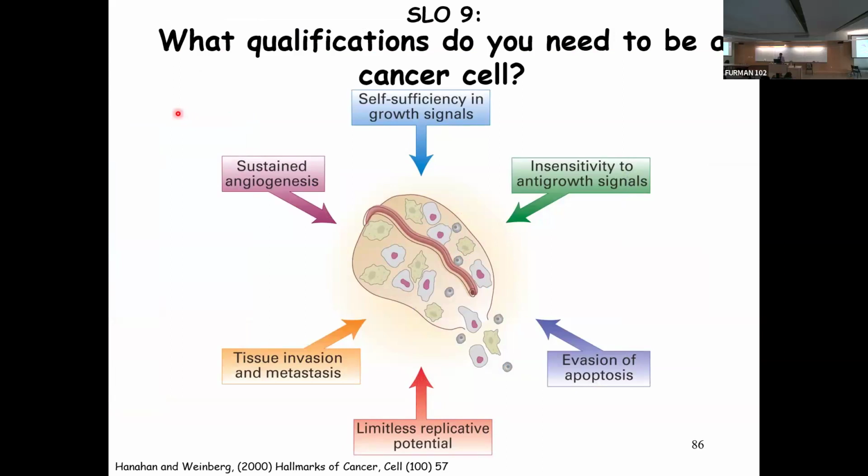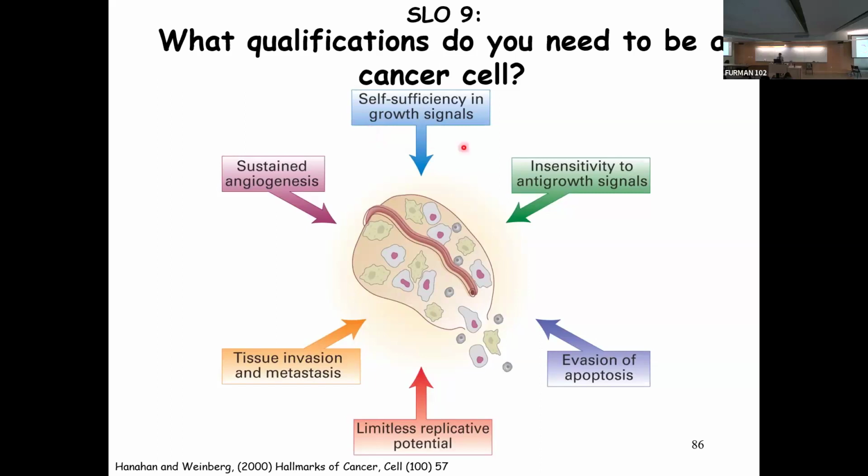All right. So now our next learning objective for you would be what I, as a cancer cell, need to qualify for in order to be designated as a cancer cell and not a normal cell, okay? And so these are some of those major hallmarks of cancer. And I will read them aloud because these are important.